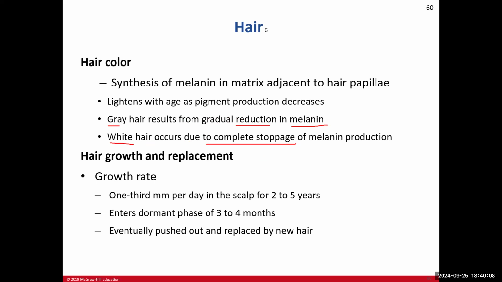Go ahead. Yes, that's a great question. Yes, a true ginger, true redhead, will not have gray hair. They will have white hair.